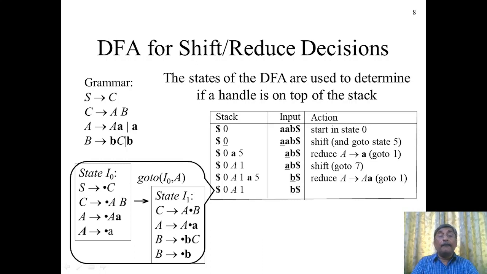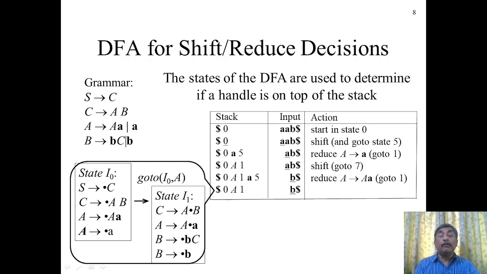Next, what is there? I have 1 at the stack top, and I have an input symbol b. So if I have any transition from the state I1 using the input symbol b, then I know that I can shift small b into the stack and go to the next state wherever from 1 small b takes me.